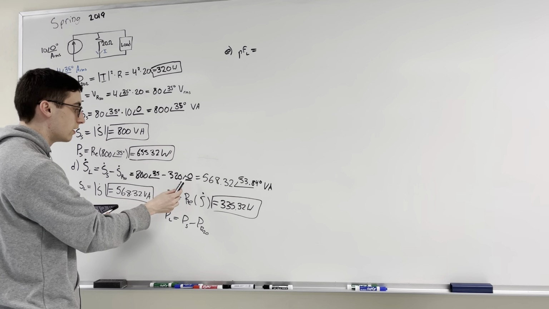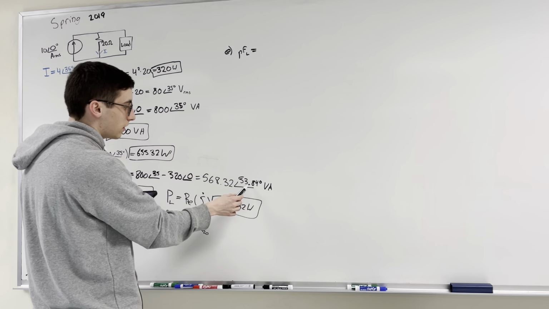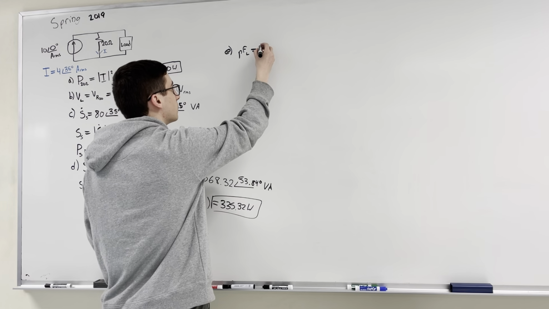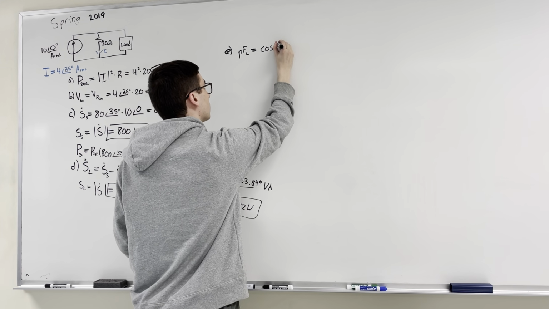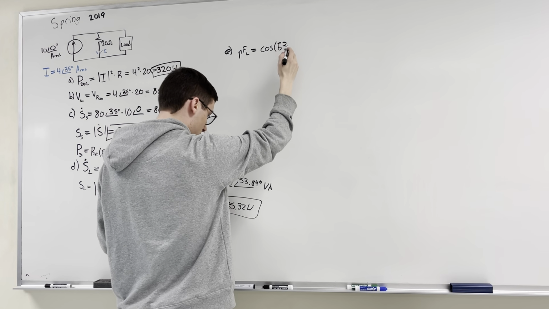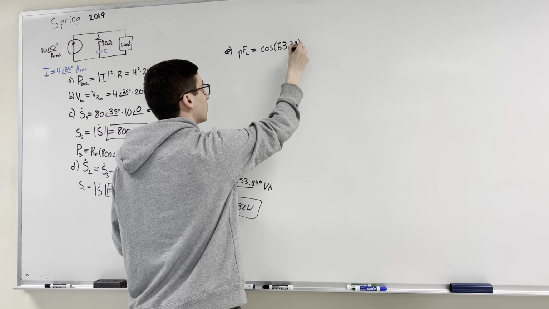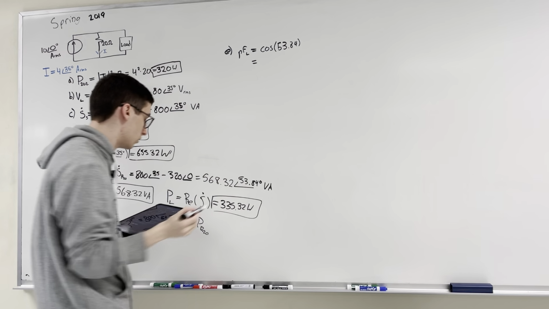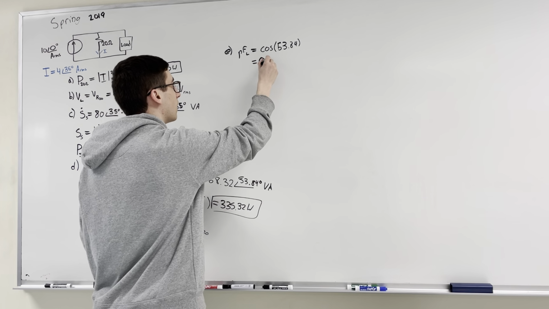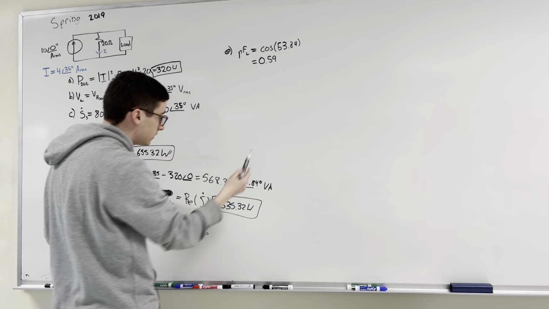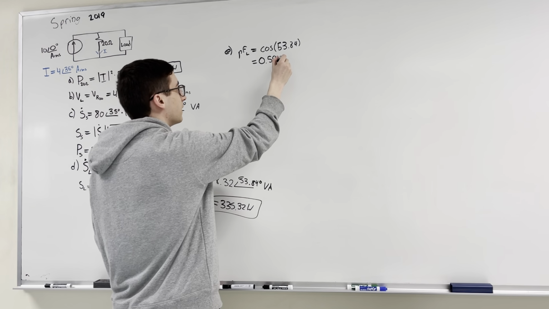So 35 minus 0 is equal to 53.84. So the power factor of the load is cosine of 53.84, and this is going to be equal to 0.59. And since our angle is positive, it is lagging.